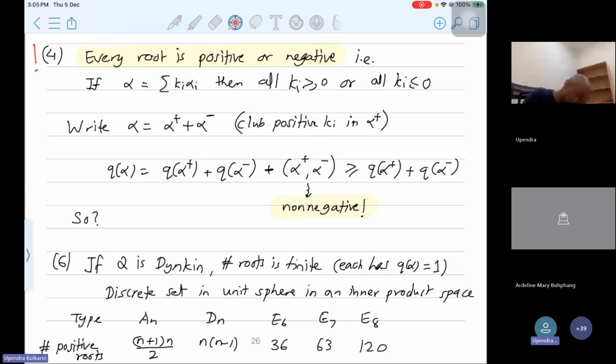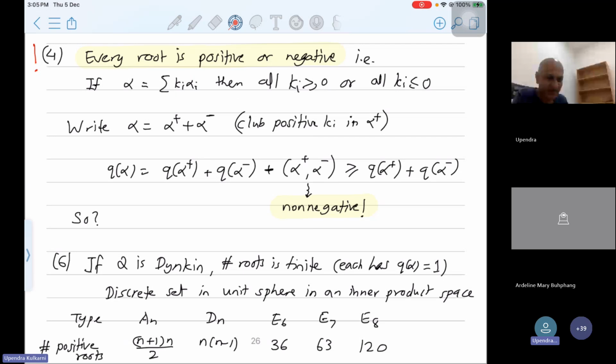Then all the ki's are non-negative or all are non-positive. You cannot have mixed signs. This is something amazing. Just the fact that it is a root means that all the non-zero coefficients are positive or all the non-zero coefficients are negative.